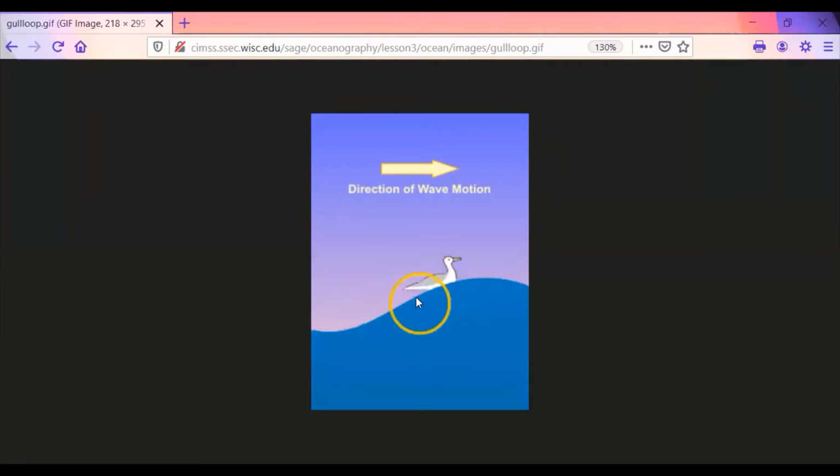So the seagull is not moving forward, only the wave is moving forward. And again, if you ever go swimming or surfing or boogie boarding, you would experience this as long as you're behind where the waves are breaking. You would feel yourself go up and then be dropped back down, and you're pretty much in the same location you were before you got picked up, right? So that's how that works.